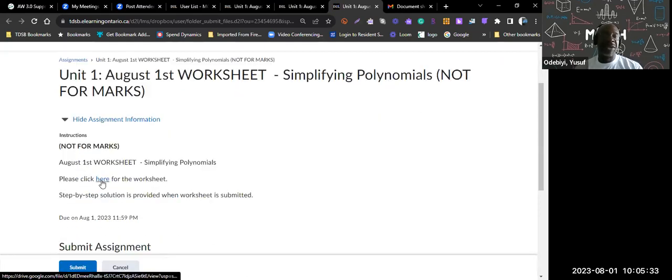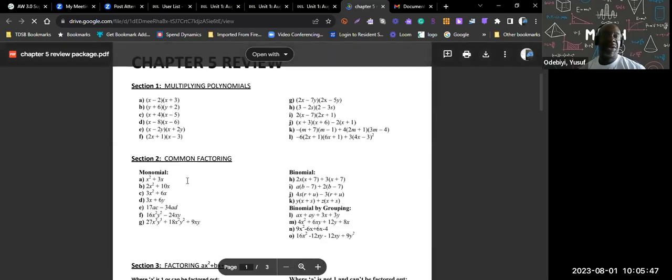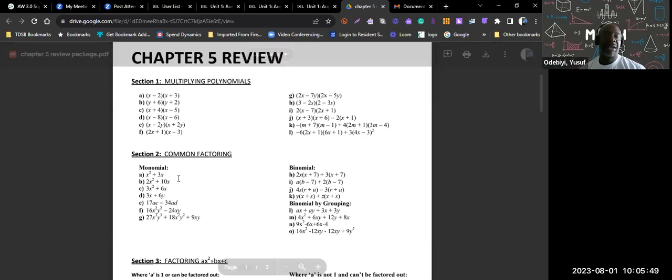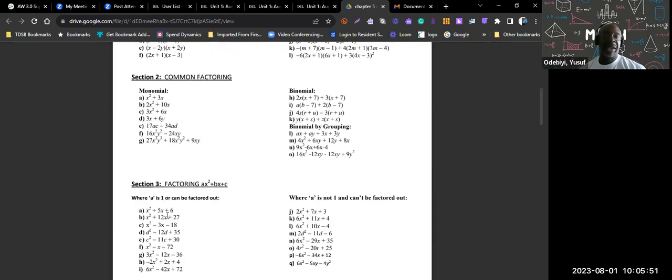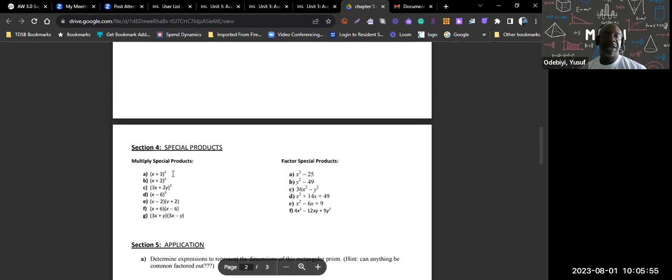Again, it's not for marks. These are the questions we're going to do: multiplying polynomials, common factoring, factoring, special products.